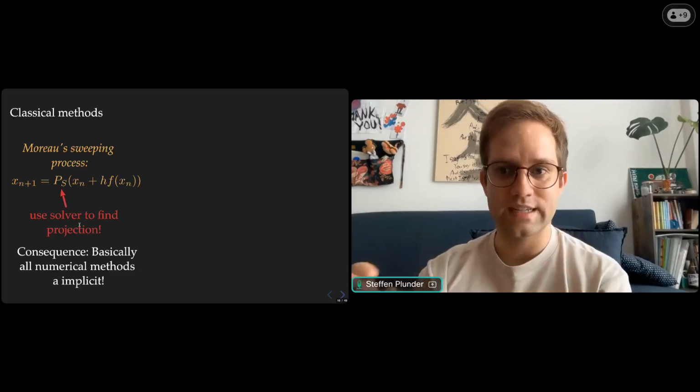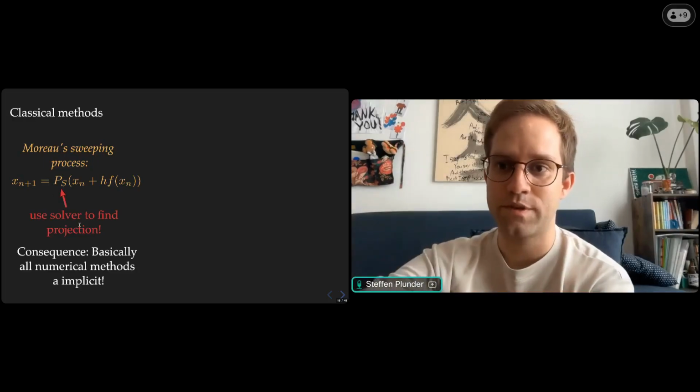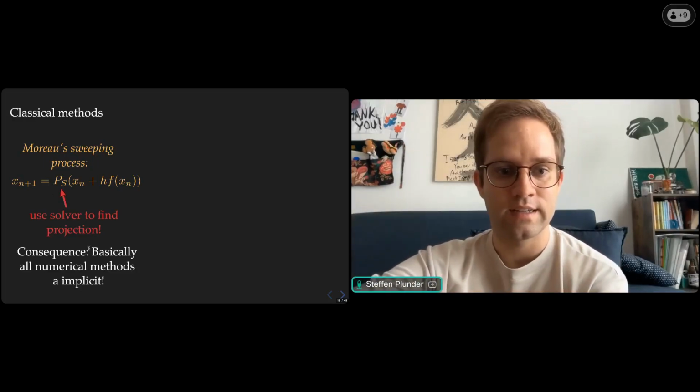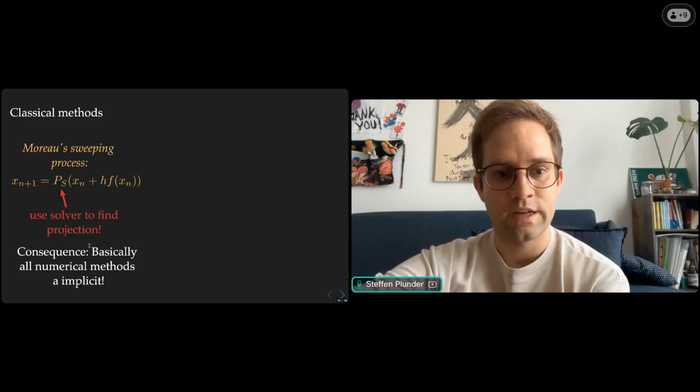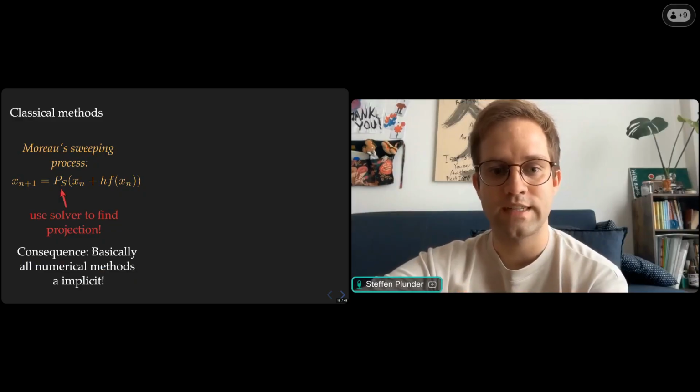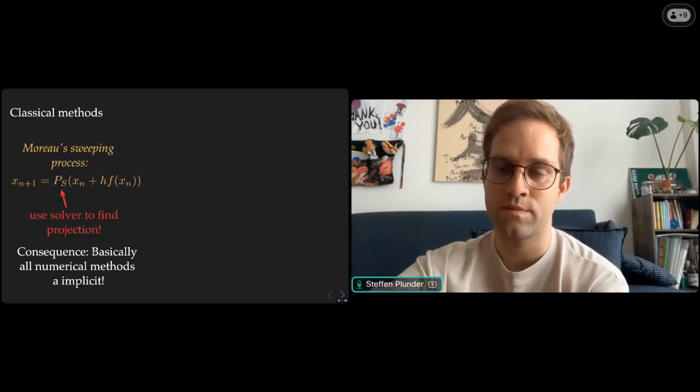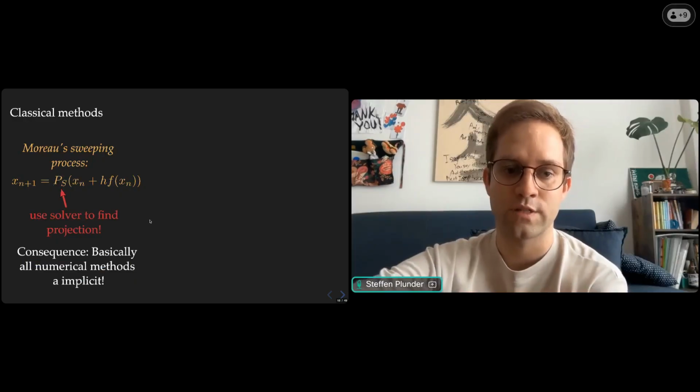And projecting back is hard. This is a hard problem for non-convex sets, and most of the numerical methods are about how we can find a good projection method. Because this is hard, we usually use implicit solvers for that. We use some optimization methods to compute this projection.